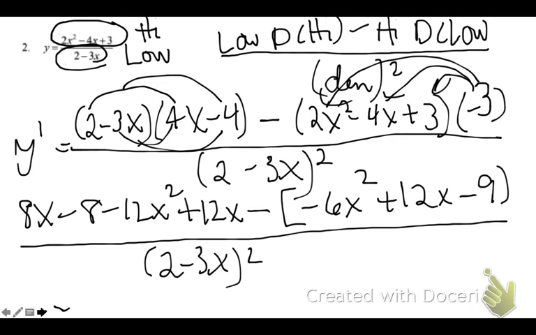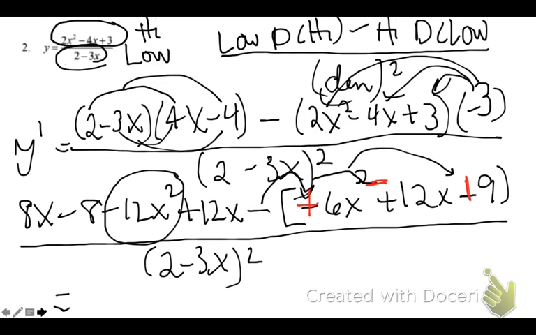Okay, simplifying the numerator. If I distribute the negative into each of those terms, it changes the sign. This will become a positive. Let's change this to red really quick. So this will become a positive, negative, and a positive. So combining like terms, we have negative 12x squared and a positive 6x squared. So that would be negative 6x squared.